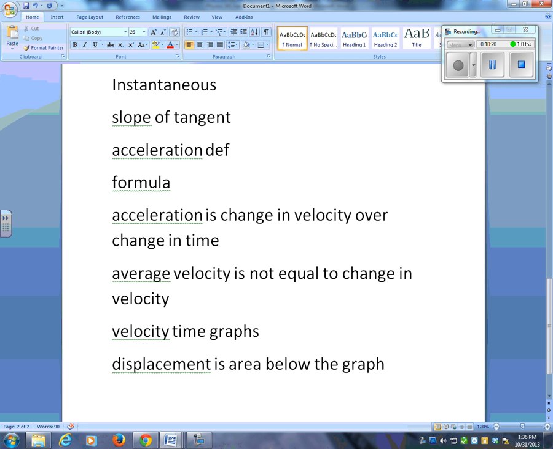I highly recommend you have some form of this on your cheat sheet for tomorrow. If the graph is below 0, the displacement is negative.